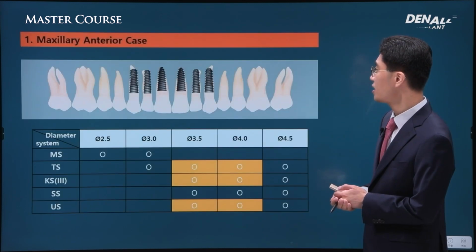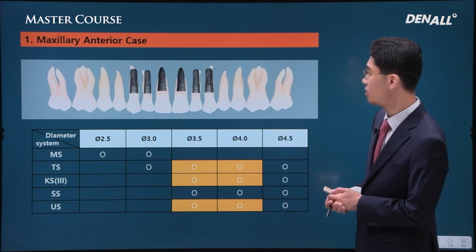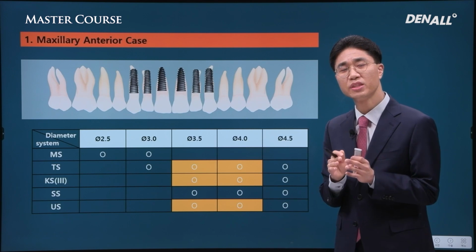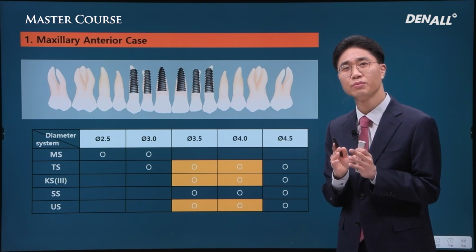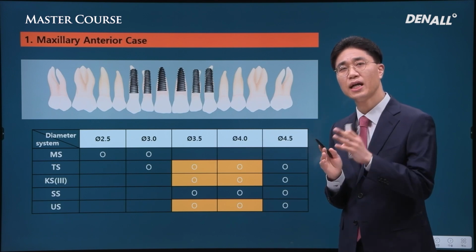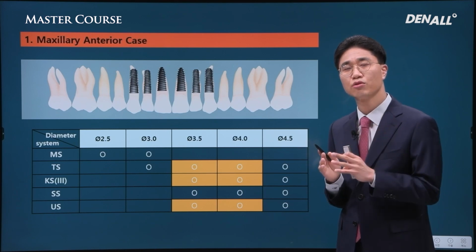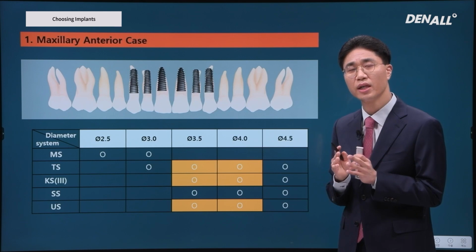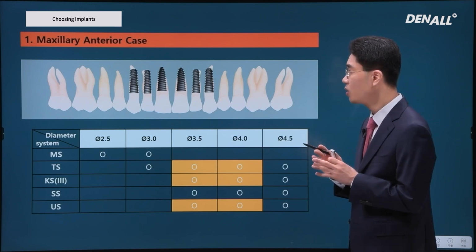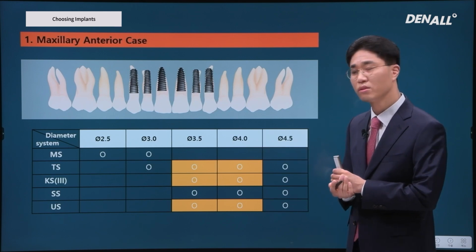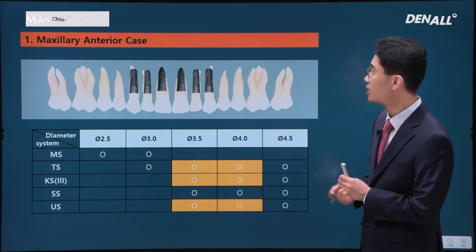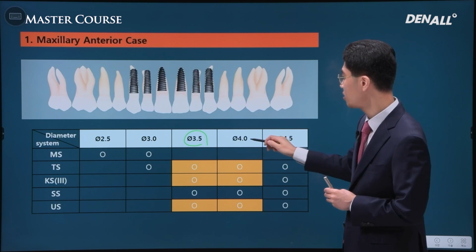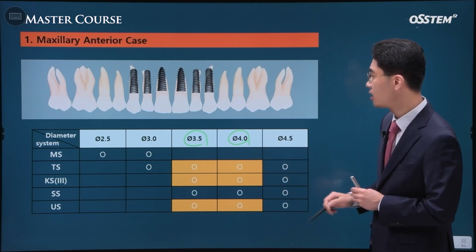Let's look at implant diameter. There's no absolute rule as to what diameter you should place in what area: upper anterior, lower anterior, upper posterior, and lower posterior. There's slight difference depending on the surgeon, but in general, people tend to use these options more frequently. In the case of upper anterior, diameters range from 3.5 mm to 4.0 mm.